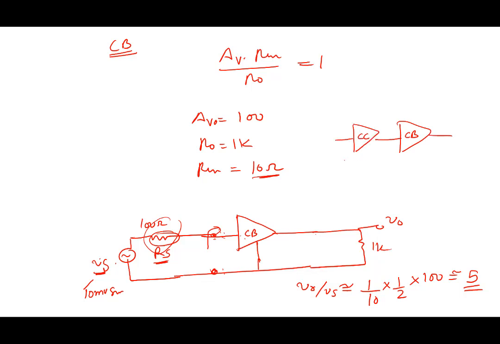I'll try and use this stage here. This gives me a high input resistance, but note that the output of the CC is what? CB, right? Output of CC is CB. So there again you may face a problem.